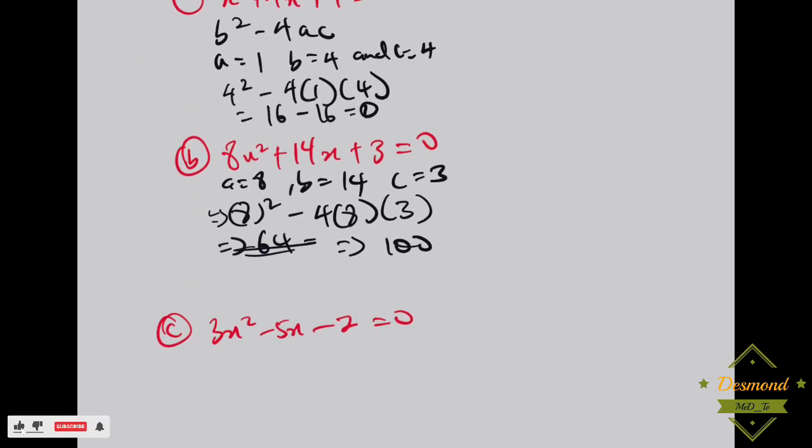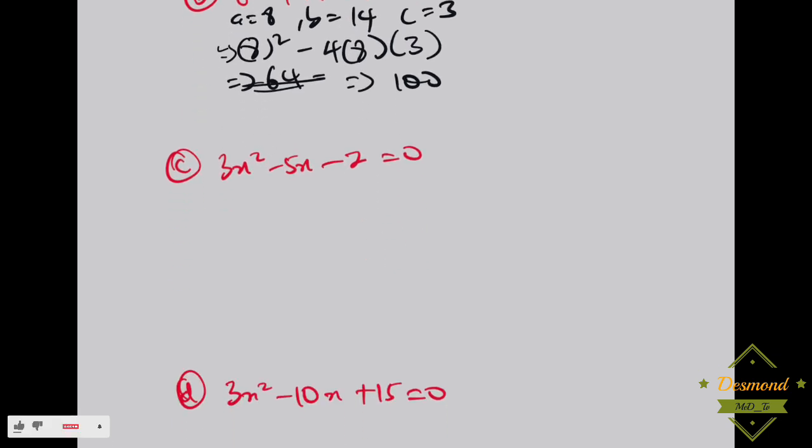Now, let's go to C. With the same formula, b squared minus 4ac, a is 3, b is negative 5, and c is negative 2.